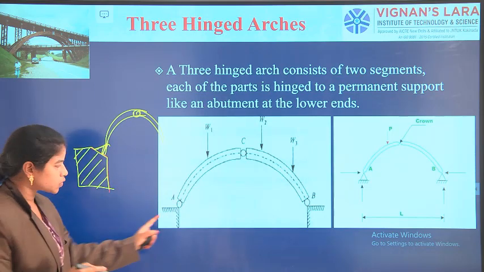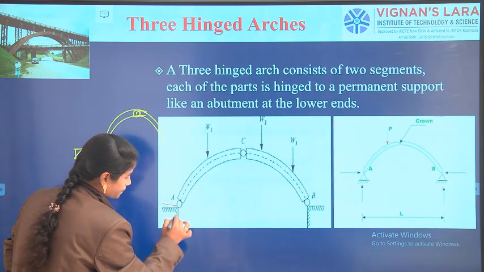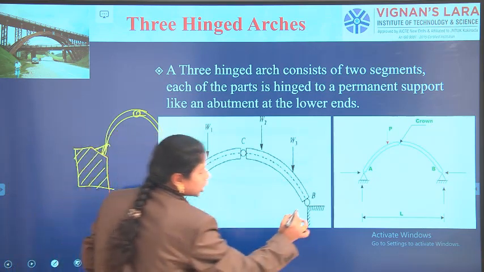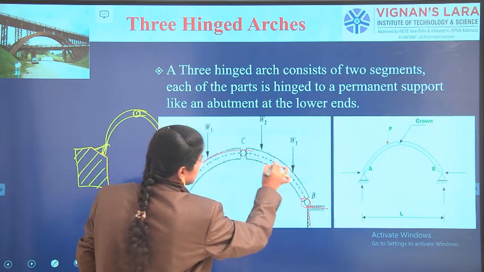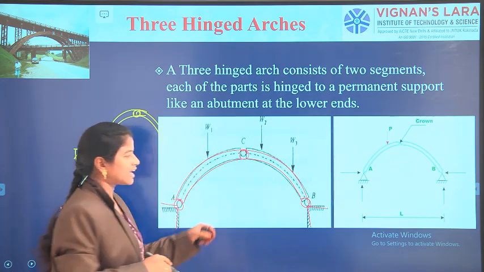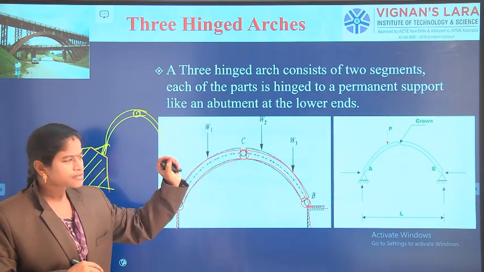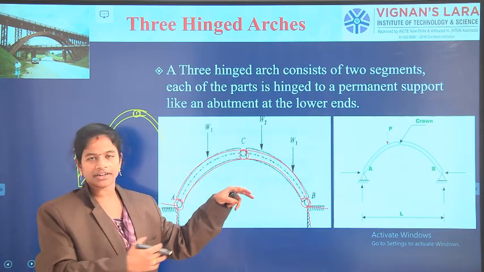So, on the two supports, we are having two hinges, and here is our arch with an internal hinge. For that application we have given some load, we can go into it in the next step.